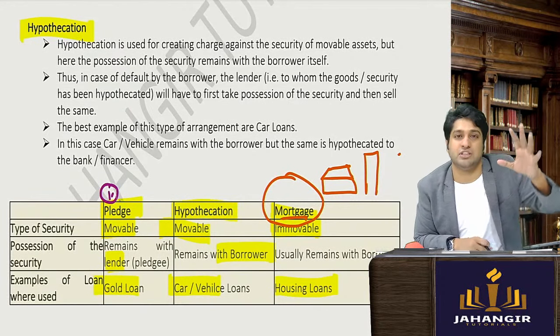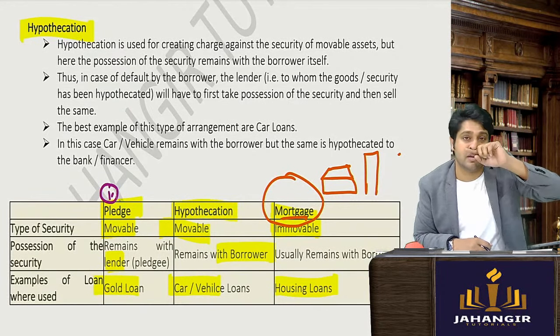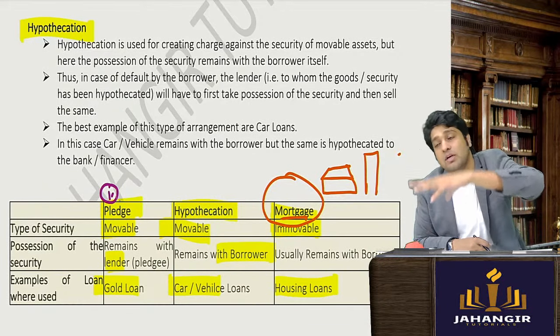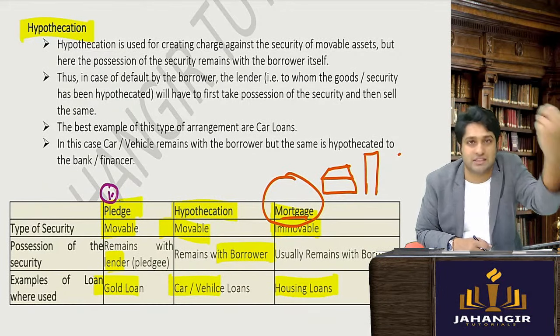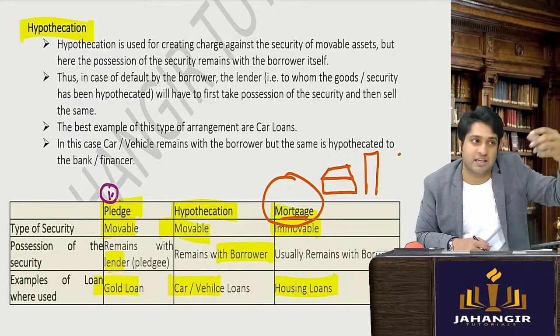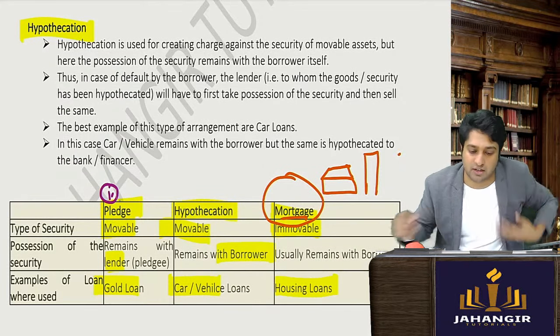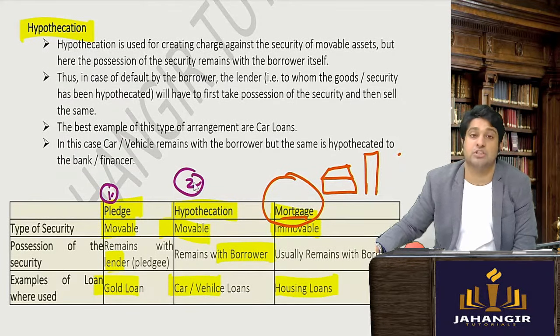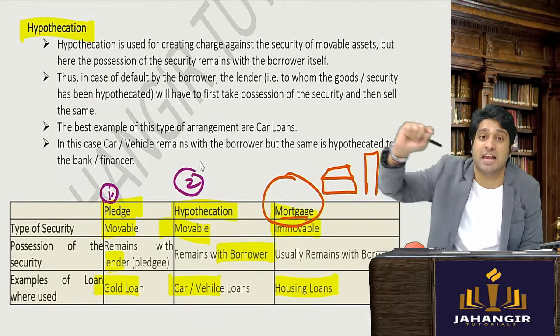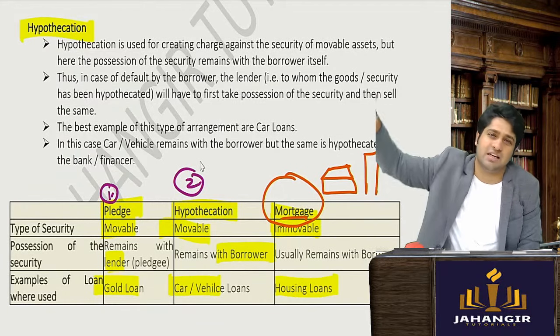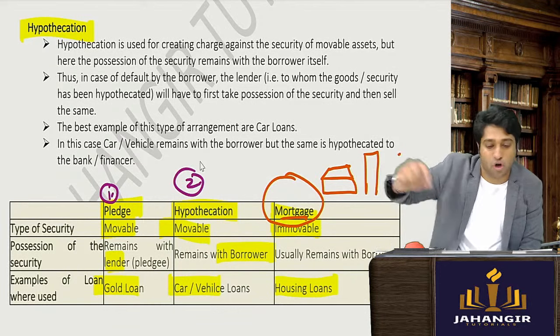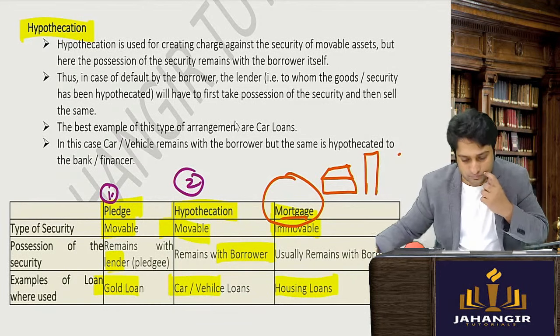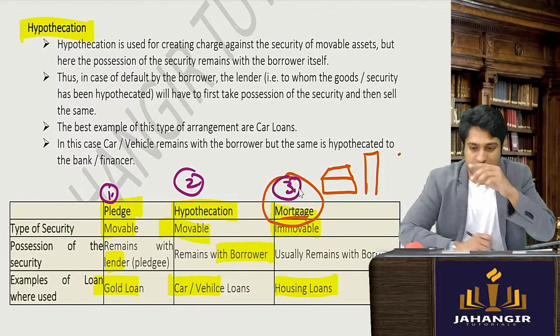So in hypothecation, the rights of the lender are a little less because he has to first come, get the possession and then sell. Whereas in pledging, he already has possession, so he can sell. That is hypothecation. Third, if I say I'm keeping my ancestral land as security, what is that term called? Mortgage. Concept clear?